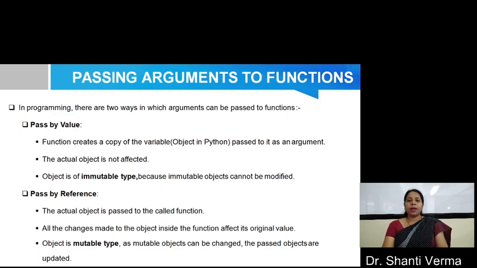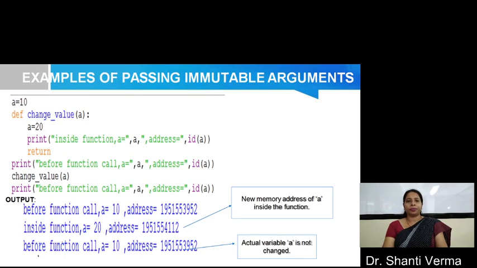While in pass by reference, the actual object is passed to the called function. So all the changes made to the object inside the function affect the original value, and the object is of mutable type. It should be noted that in pass by value, the object is immutable, while in pass by reference, the object is of mutable type.